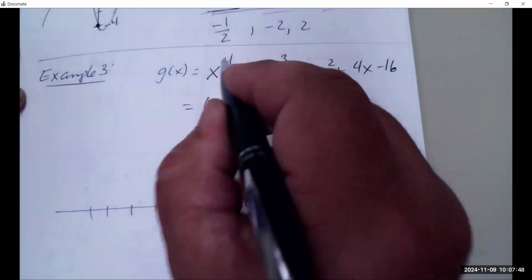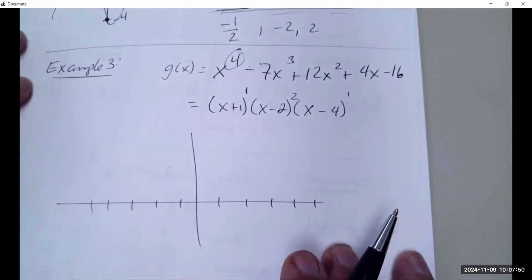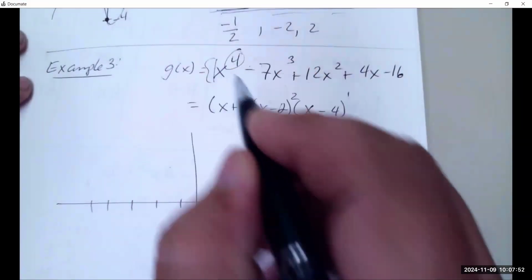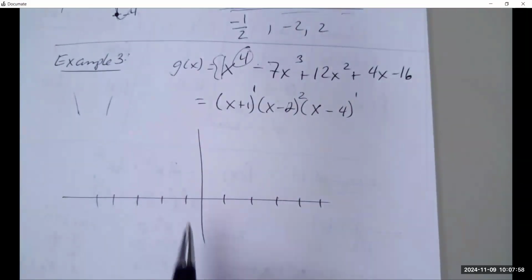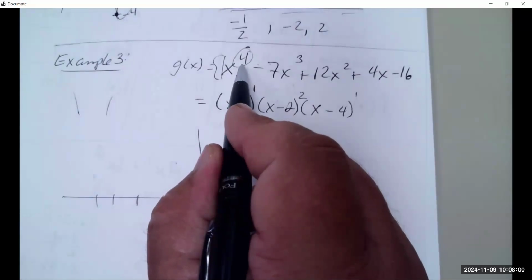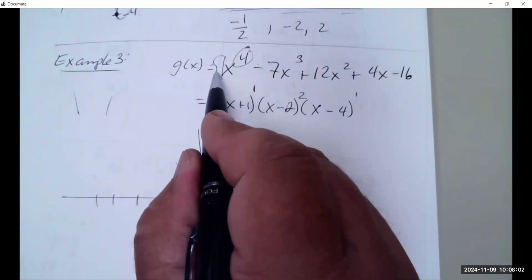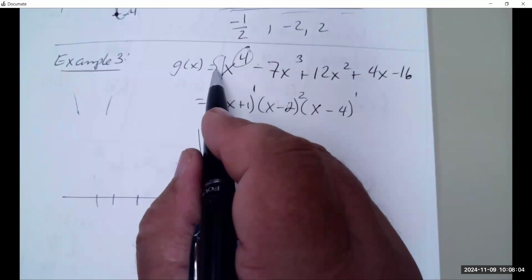Very good. Since it's even, same direction, and since that's positive, they both go up. Every time it's even, it goes the same way. If the leading coefficient is negative, it's down. If it's positive, it's up.